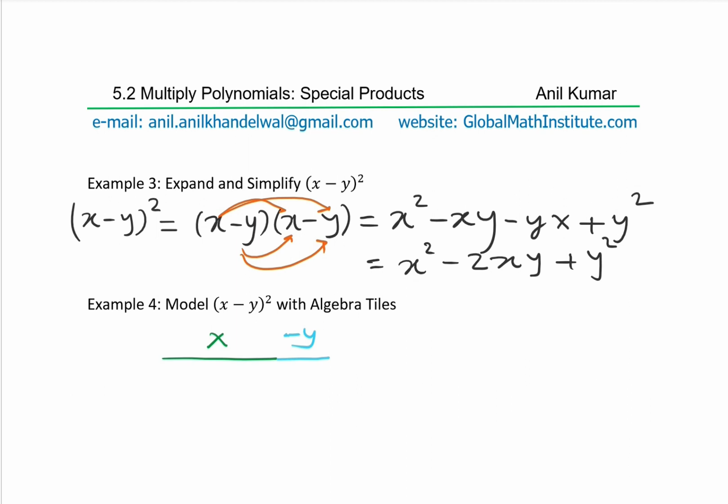Now, on this side also, let's say width, we have x and minus y. Now, when you combine this, you get what? When you multiply like terms, you get positive. So this will be a square, which will be x square. Clear? When you multiply positive with negative, you will get negative, and therefore I'm using a blue color here.